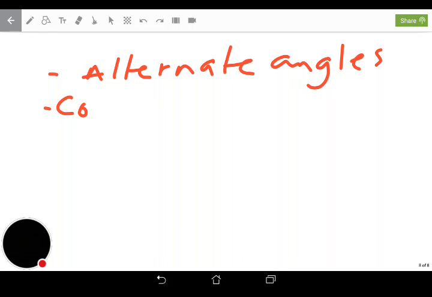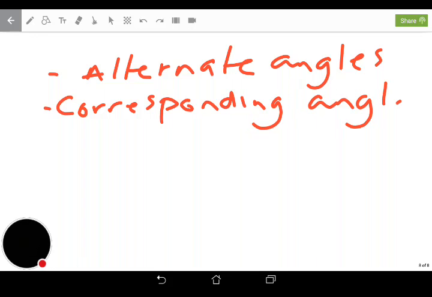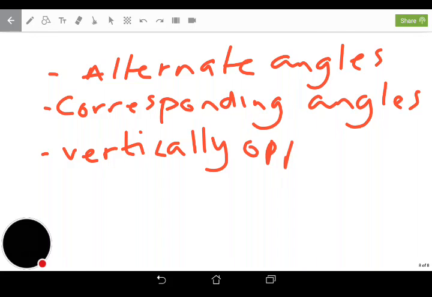Then we've got corresponding angles, then vertically opposite angles. And then your co-interior angles.